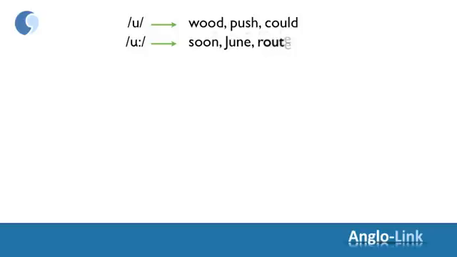And now our final pair, the short oo, as in would, push, could, and the long oo, as in soon, June, root. Okay, let's look at our minimal pairs, comparing short oo and long oo.